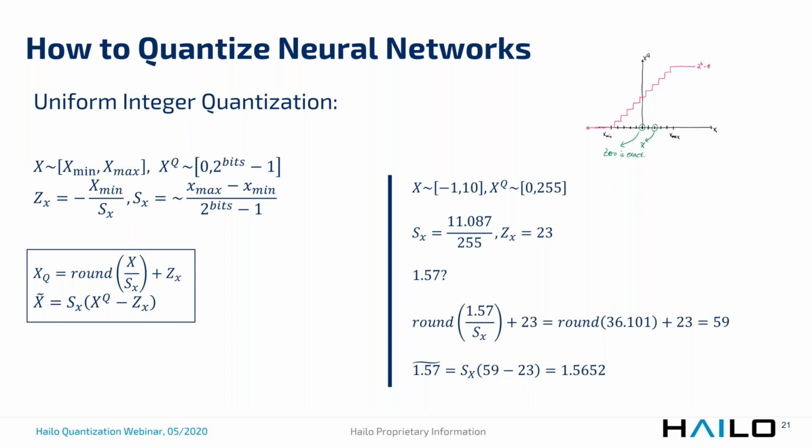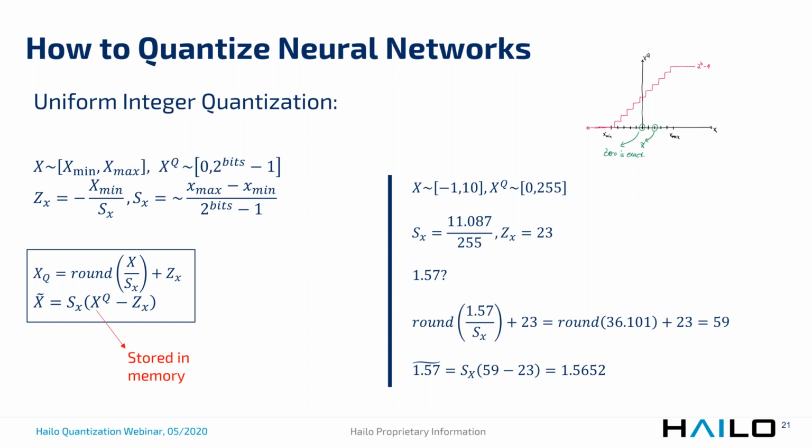And then if you want to convert 59 back into the real domain, we're going to see that it turns into 1.5652. That number doesn't matter. What matters is that it's not exactly 1.57. So this small error is due to the rounding operation, and that's basically what's happening due to quantization.